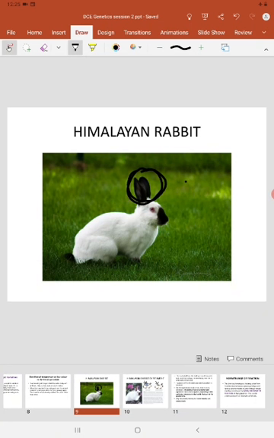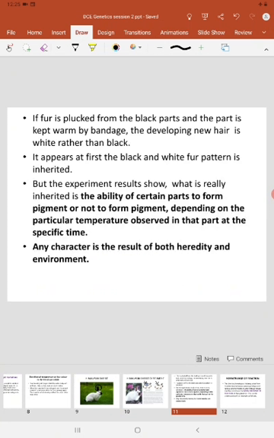When that is done, we can notice that instead of the usually expected black fur, they develop white fur. So in these two experiments, when the black part is removed and kept warm, the new fur that develops is white rather than black.